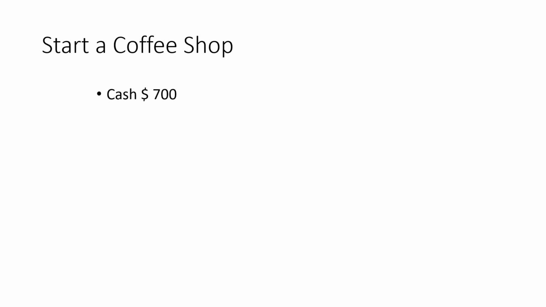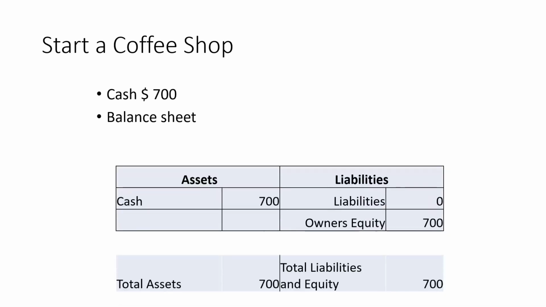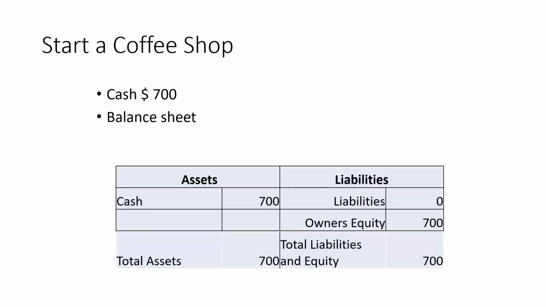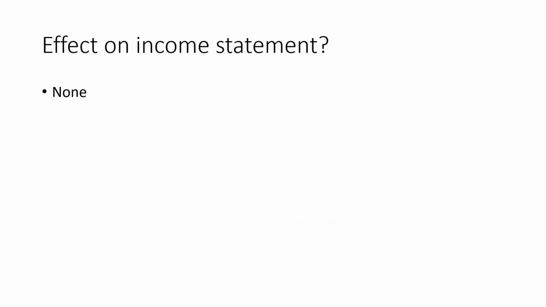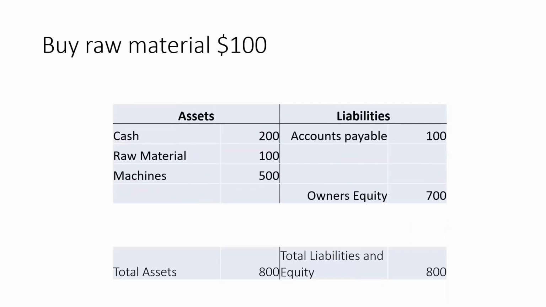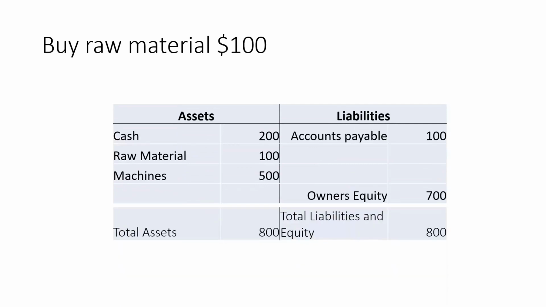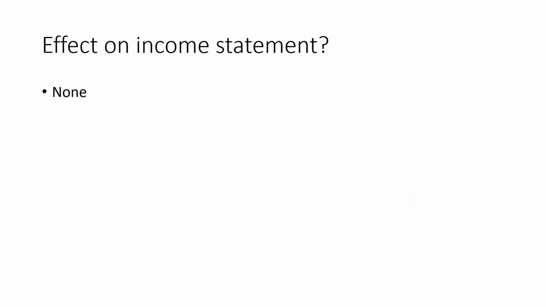So let's go back to the coffee shop example. When we started the coffee shop, no activity was done in terms of affecting the income statement. Then we bought a new machine. Again, no sales were made, therefore no effect on the income statement. When we bought raw material, we're getting close, but we did not make a sale and therefore no effect on the income statement.